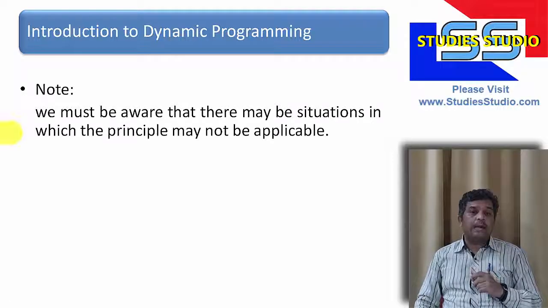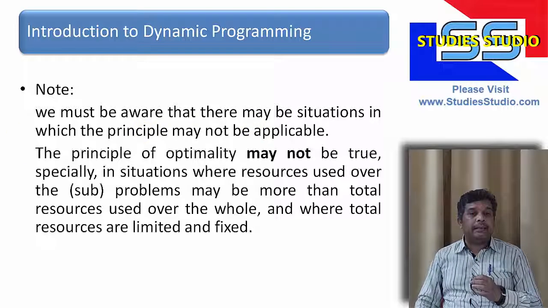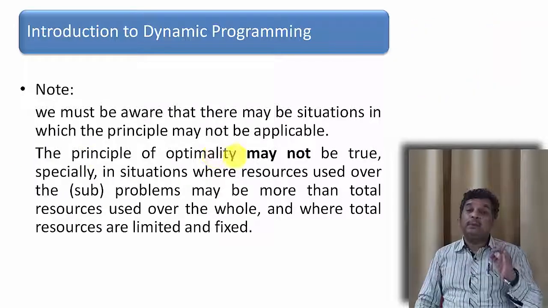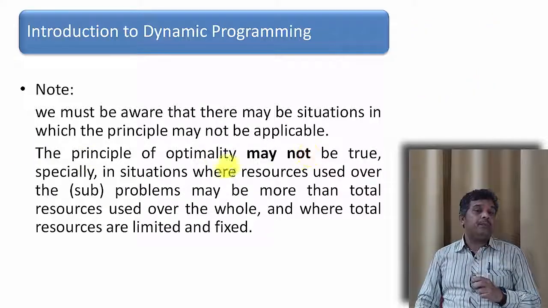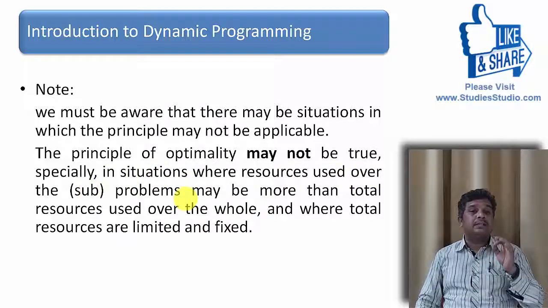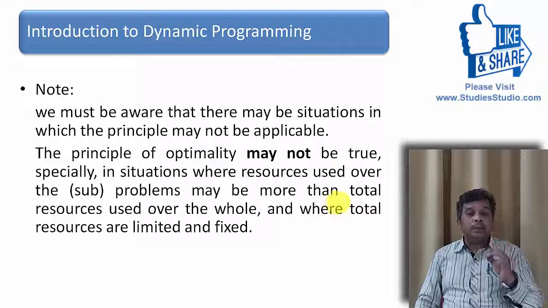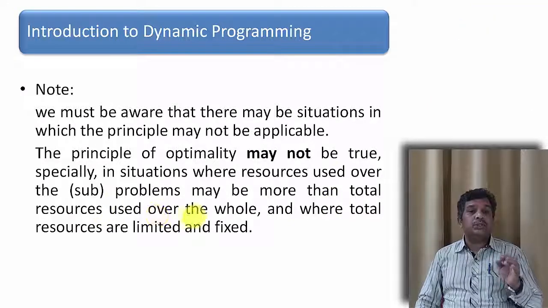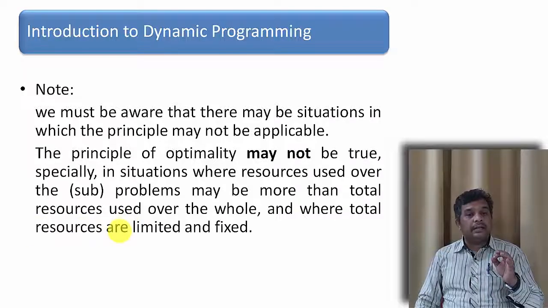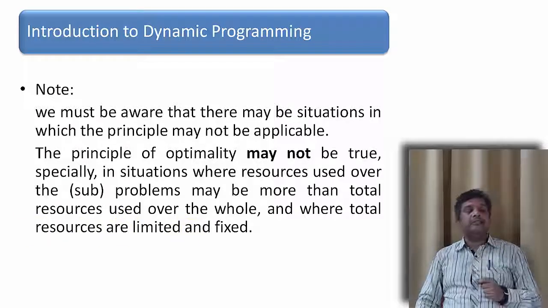Now here you should note that there are many situations in which the principle of optimality may not be applicable. It may not be true, especially in situations where the resources used over the subproblem may be more than the total resources used over the whole, and where the total resources are limited and fixed.